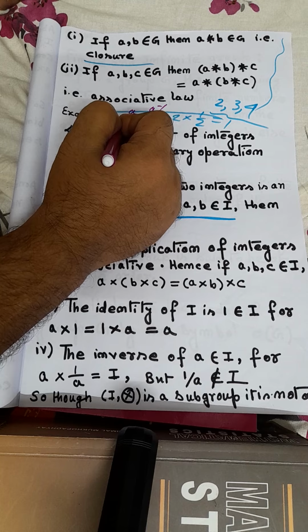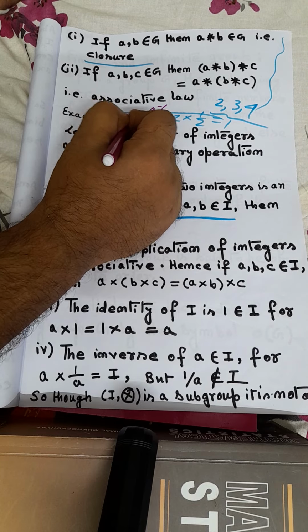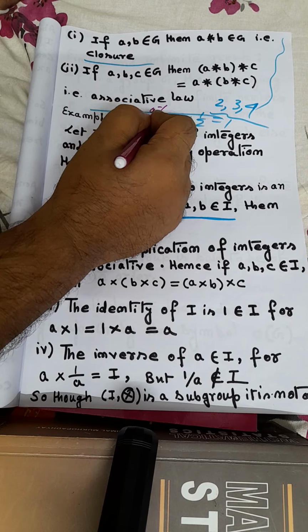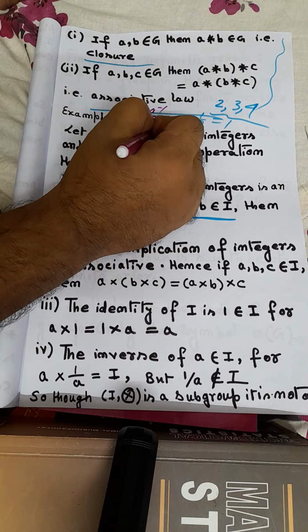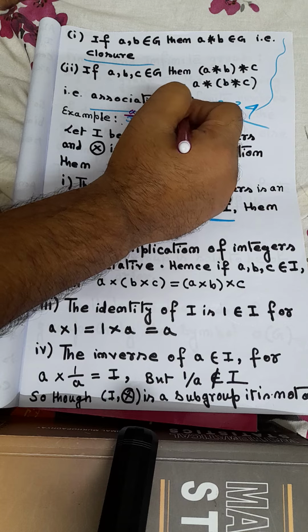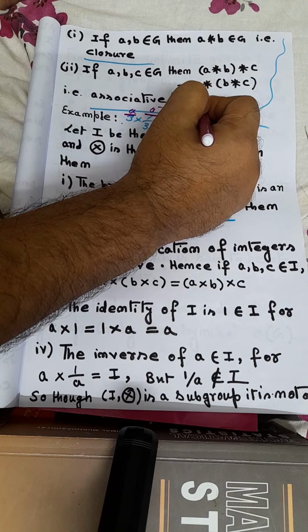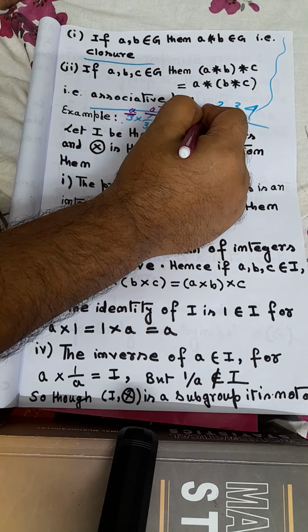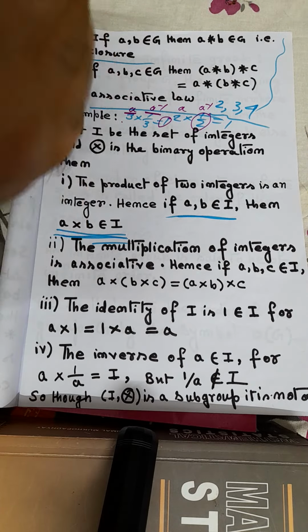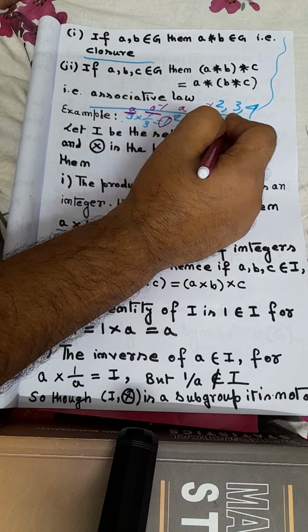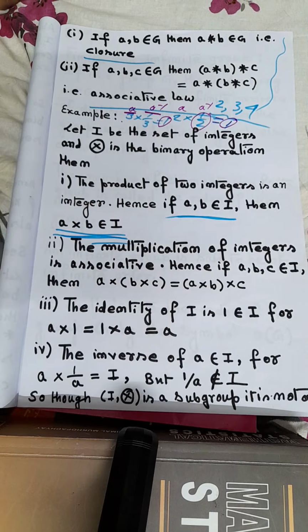Because if we multiply the element a by its inverse, we should get the identity, correct? If the element is 2, its inverse will be 1 by 2, that is half. Why? Because that will produce 1, the identity element.